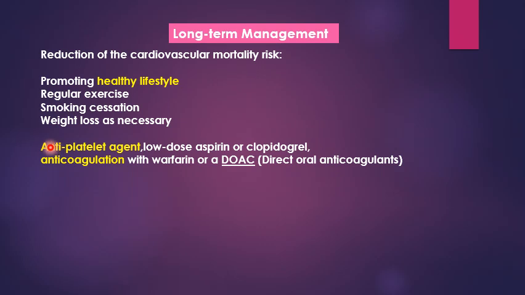Then you can give them antiplatelet agents, low dose aspirin such as cardioprin, or clopidogrel, or you can give them anticoagulation with oral treatment with warfarin. Okay, this is called the direct oral anticoagulant. So these patients are initially given heparin in the ward and then discharged on warfarin.